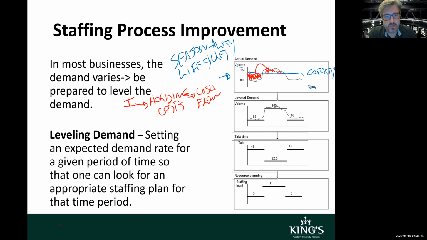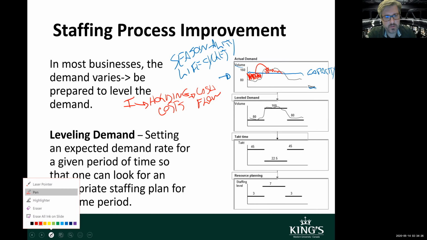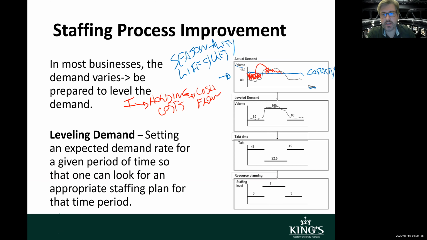So let me use a different color here to show you from a finance perspective. All of this part here that you produced, this is accounts payable. While on the other hand, here is where you have accounts receivable. So you have an unbalance of cash flow.